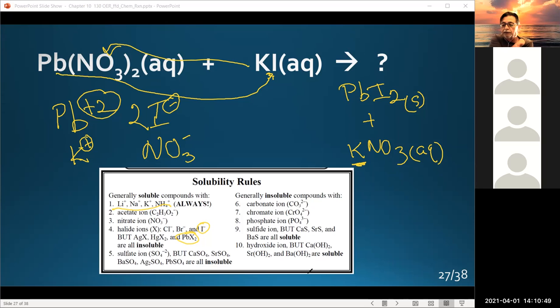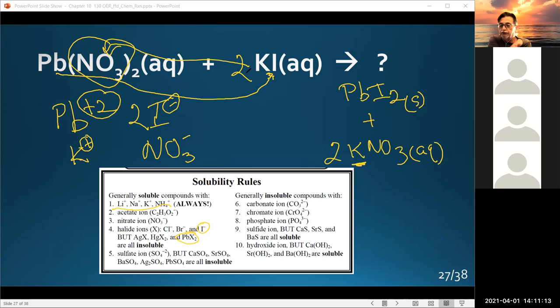Follow the polyatomic ions. We had 2 nitrates right here. Okay. That means I can put 2 in front of potassium nitrate. That balances the nitrates. Well, that kicks up my potassium. So now I got to increase my potassium by putting the 2 in front of potassium iodide.